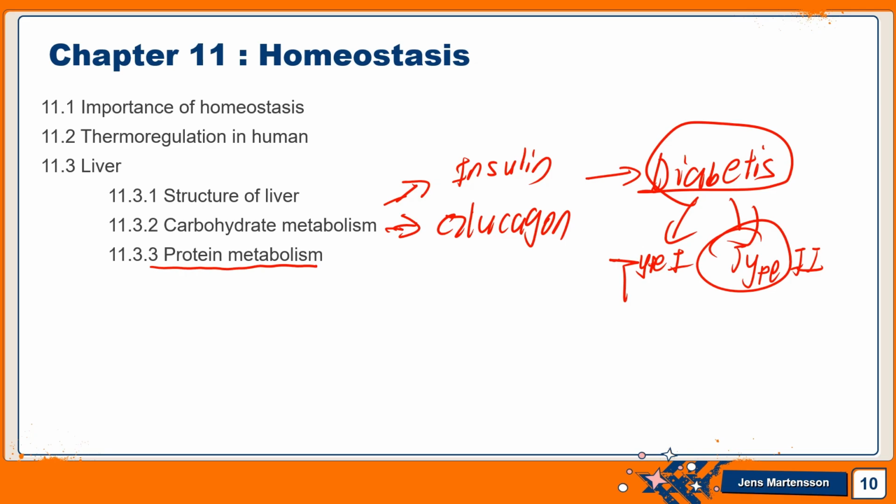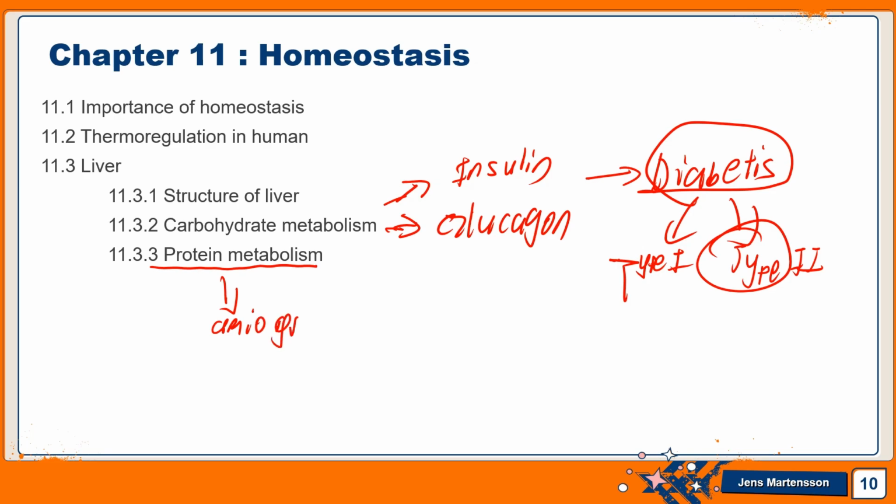This is how our liver metabolizes protein molecules. Because when we obtain protein, protein is a large complex. You all know that protein is a large complex, and protein contains one toxic group called the amino group.